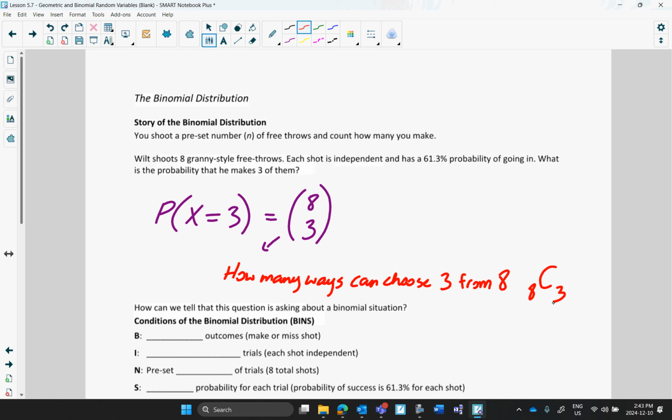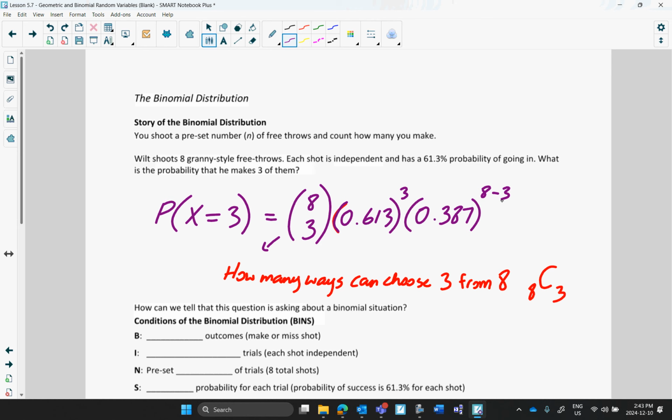So, remember, he's taking 8. This is telling me how many ways I can choose that he makes 3 from 8. That's the probability of success, right? How many times does that happen? 3. This is the probability of failure. How many times will this happen? 5, or 8 minus 3.